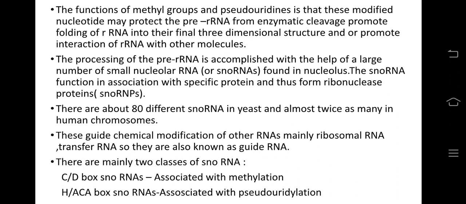There are mainly two classes of snoRNA. CD box snoRNAs are associated with methylation, and HACA box snoRNAs are associated with pseudouridylation.